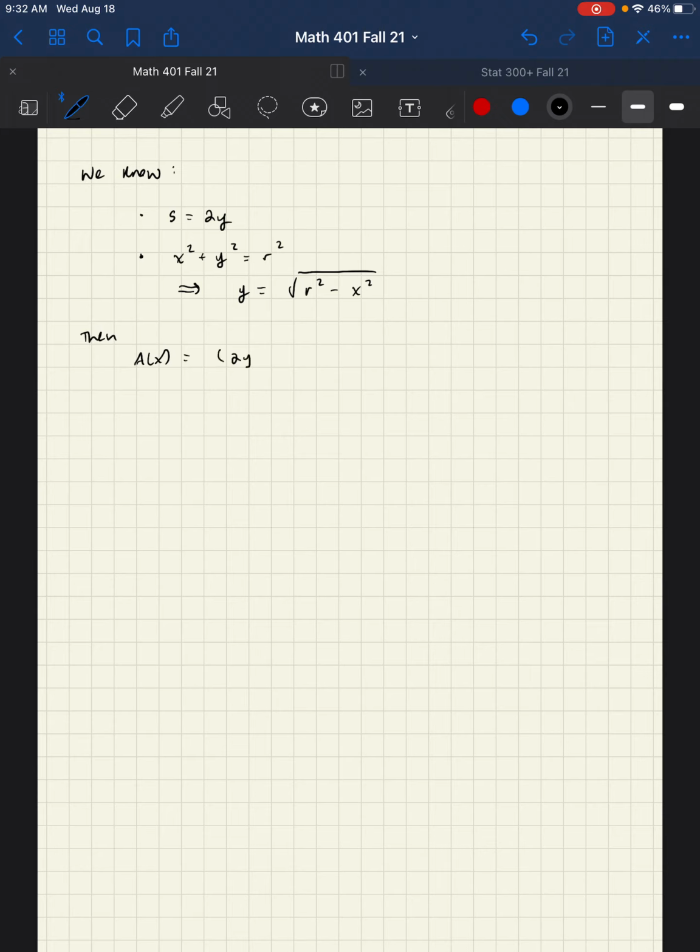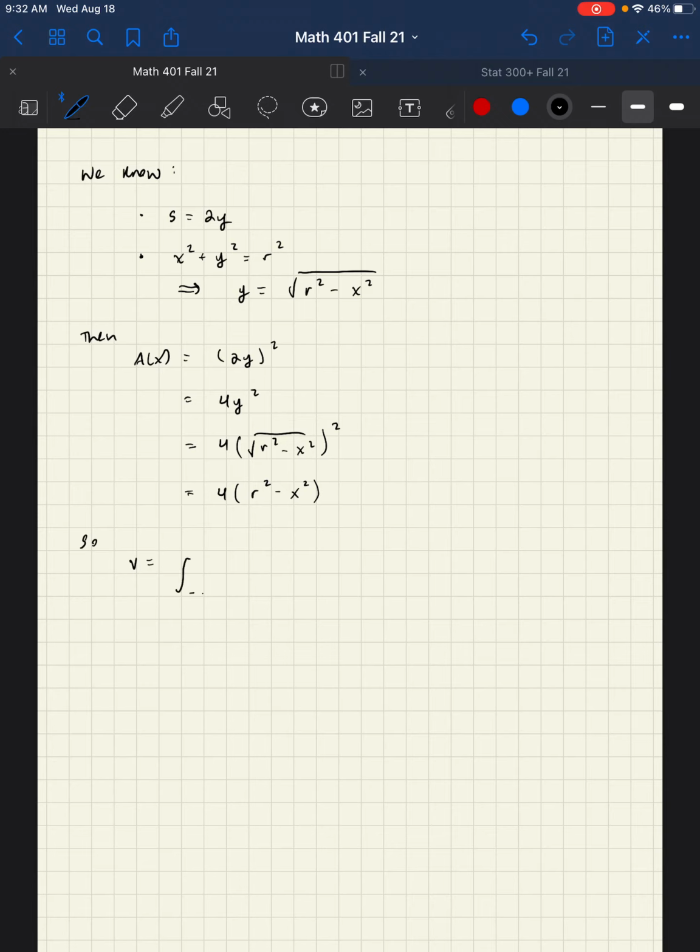That means then A of x, which is, of course, (2y) squared, because that's the side length squared, is going to be 4y squared, which is the same as 4 times the square root of r squared minus x squared, squared. That's 4(r squared minus x squared). And now that's just in terms of x. r is a constant. It's the constant for this car solid.